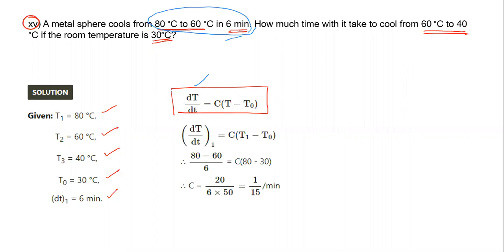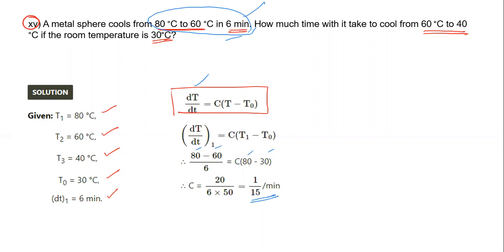So 80 minus 60 divided by 6 is equal to C times (T1 minus T0). T1 is 80 and T0 is 30. Now by using that, we get C is equal to 1 by 15 per minute, because we use time in minutes. So here we get C in per minute.